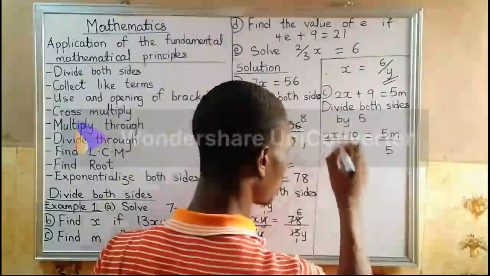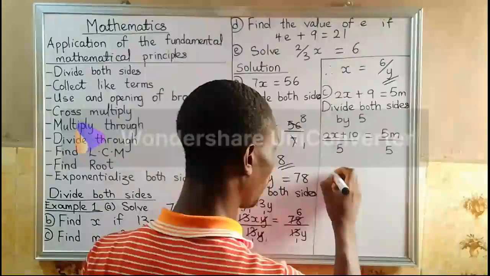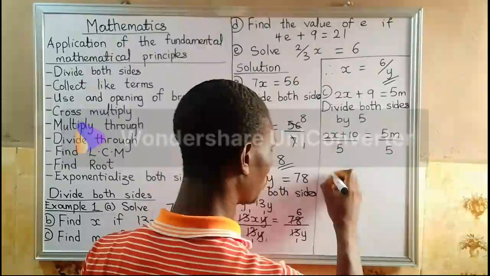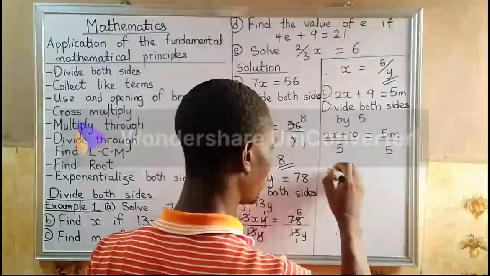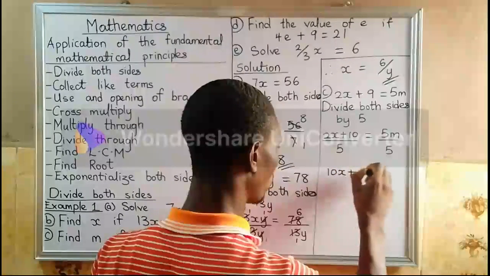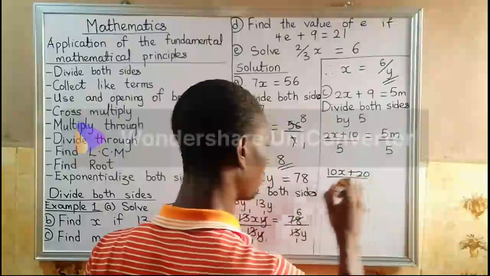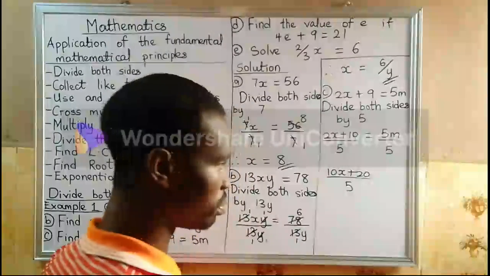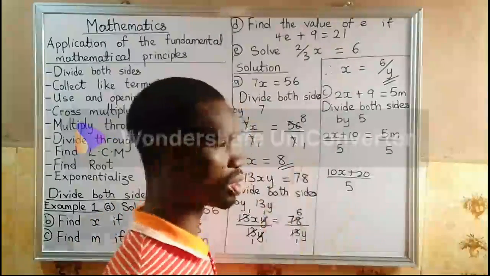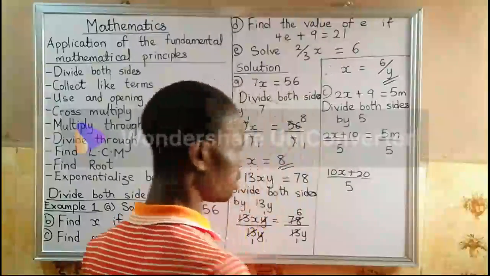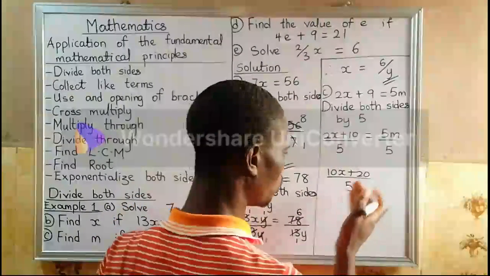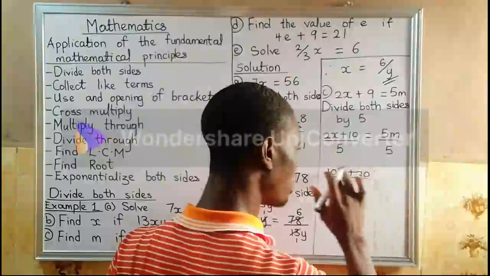An example is, suppose we have 10x plus 20 all over 5. Yeah. So you can use 5 to cut the numerator. Why and how? So what you do first is you factorize these.